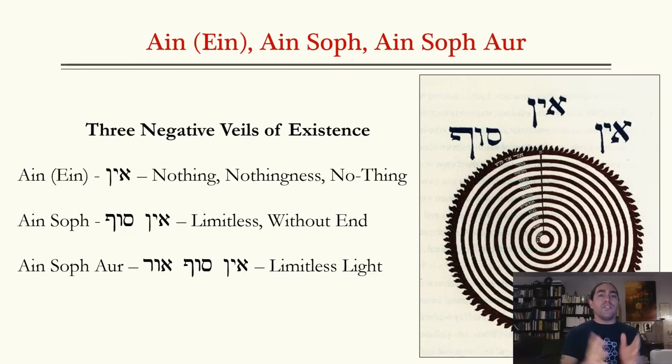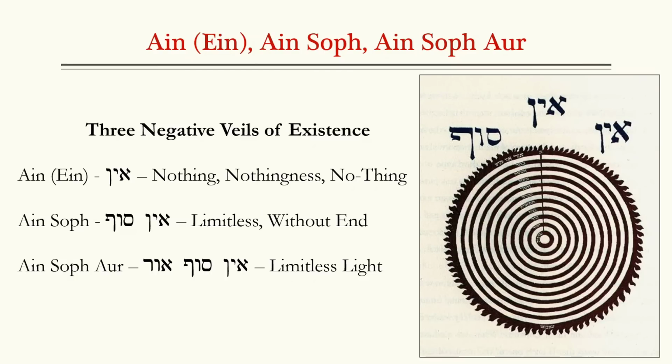So first there's the Ain, the nothing, the nothingness, the no thing. We can't even comprehend it, so we just call it nothing, no thing. Then you have the Eyn Soph, which becomes the limitless, or the without end, is one way to describe what Eyn Soph is. It is limitless, it is without end. We start having from nothing something that is everywhere, that is all.